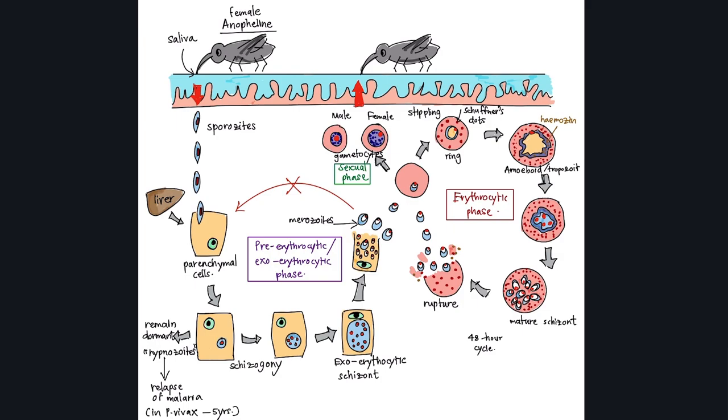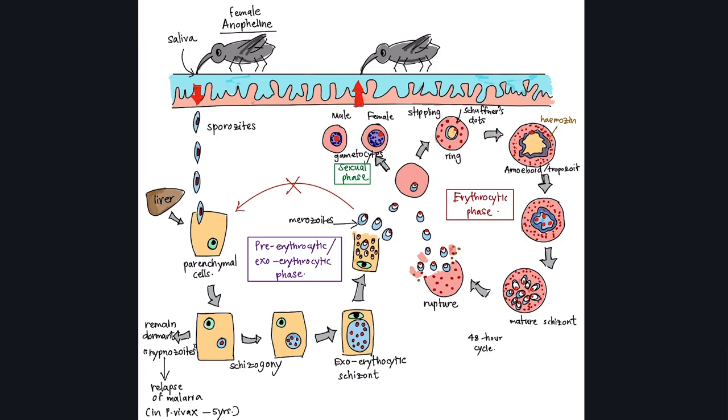When the sporozoites enter the parenchymal cells of the liver, some of them can remain dormant, and these are called hypnozoites. These hypnozoites will remain dormant, for example in Plasmodium vivax, for about 5 years, and after that they can get reactivated, and when they get reactivated we call it relapsing of the malaria.